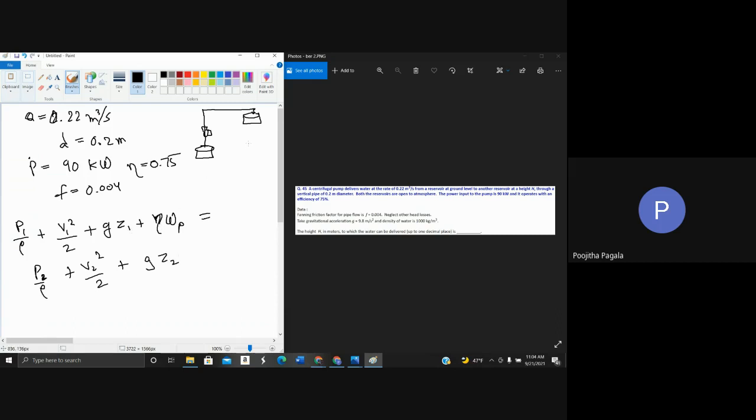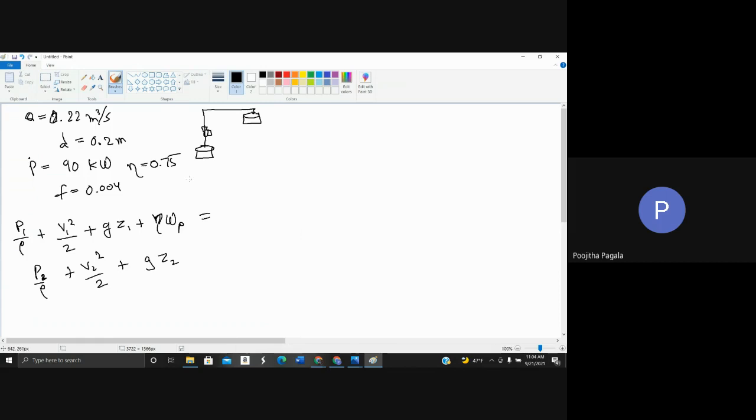Once again, similar to the previous problem, if we take the reference level to be this, and this is z equal to 0, then this is going to become z equal to h. So z1 is 0 and z2 is h.